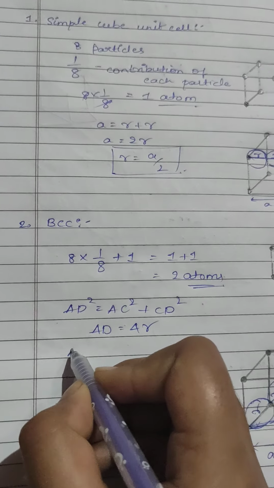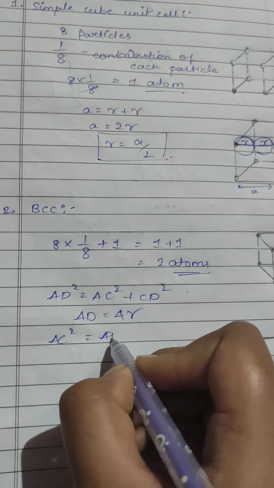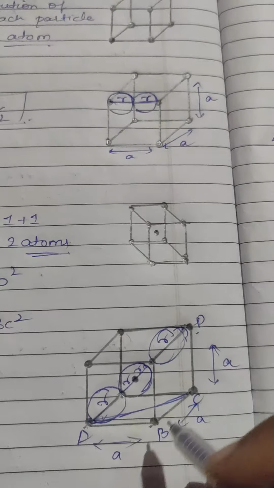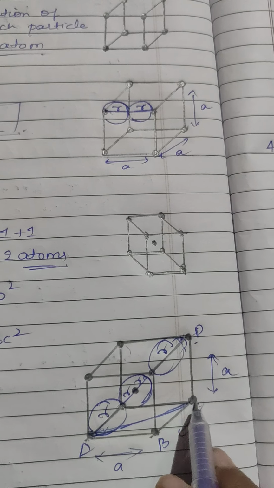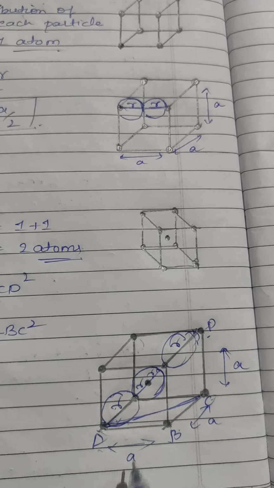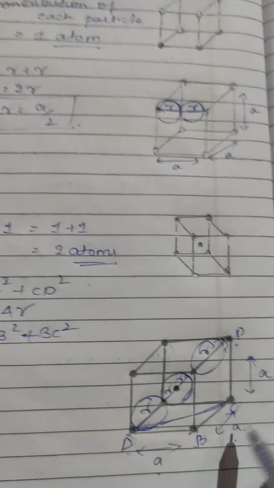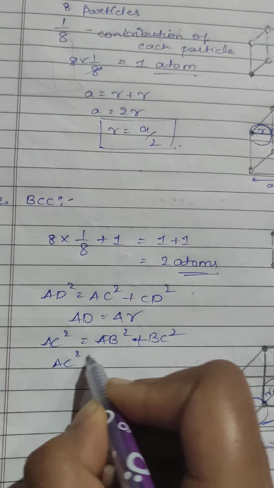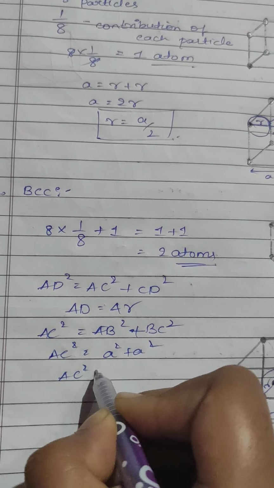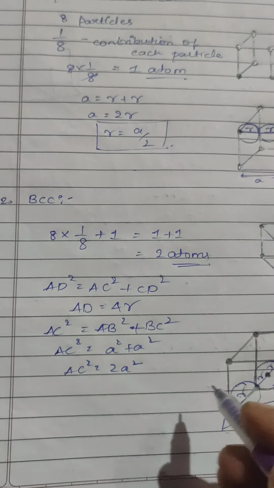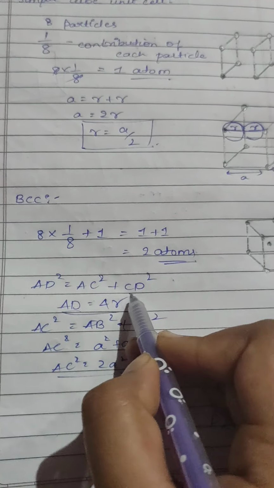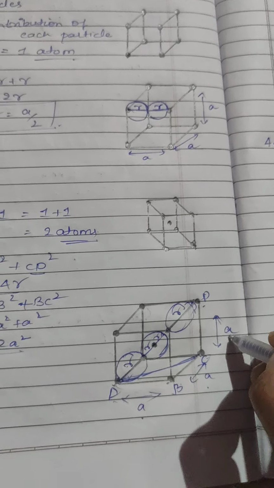Next, let's calculate AC square. AC square is equal to AB square plus BC square according to Pythagoras theorem. Here AB value will be a, BC value will be a. So AC square is equal to a square plus a square, that is AC square is equal to 2a square. So now let's substitute the AC value and AD value over here, and CD value will be a itself.